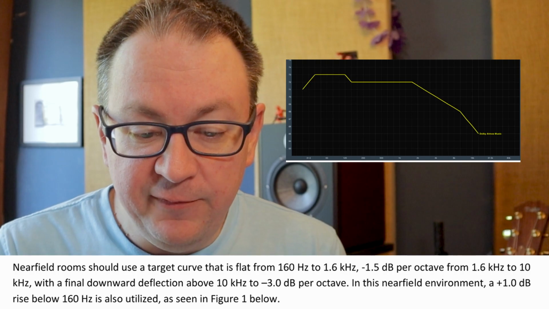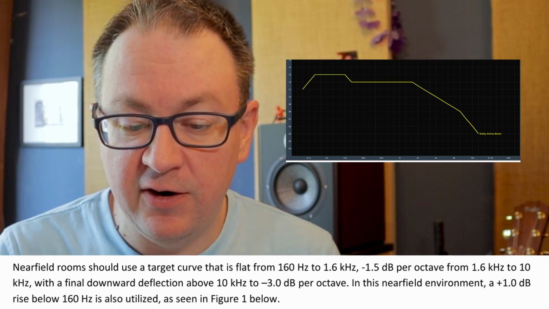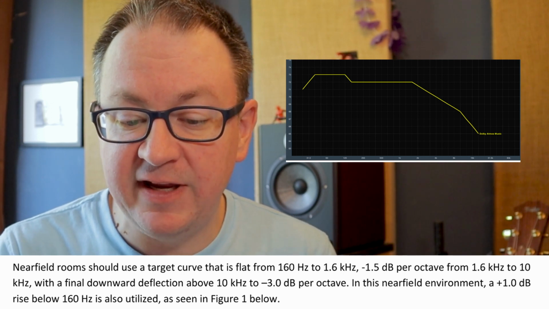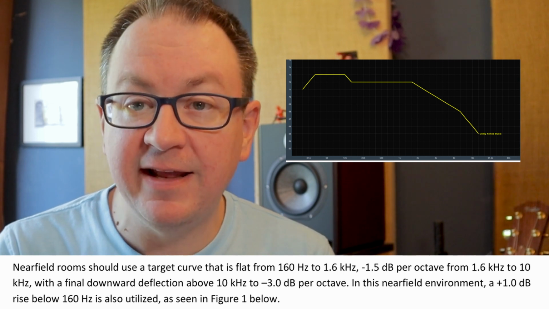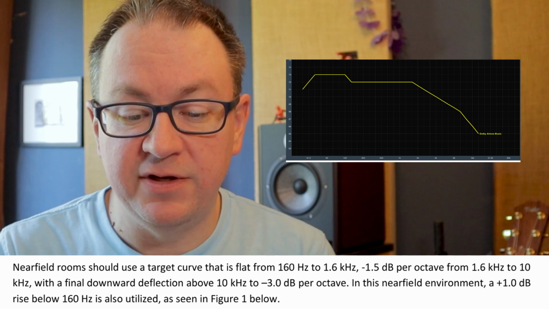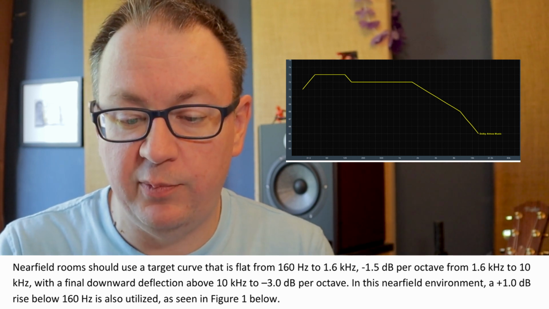What does it say? Near-field rooms should use a target curve that is flat from 160 hertz to 1.6 kilohertz, and then it's 1.5 dB down per octave from 1.6K to 10K, and then you go with a final downward deflection above 10 kilohertz, you want to go 3 dB down per octave.